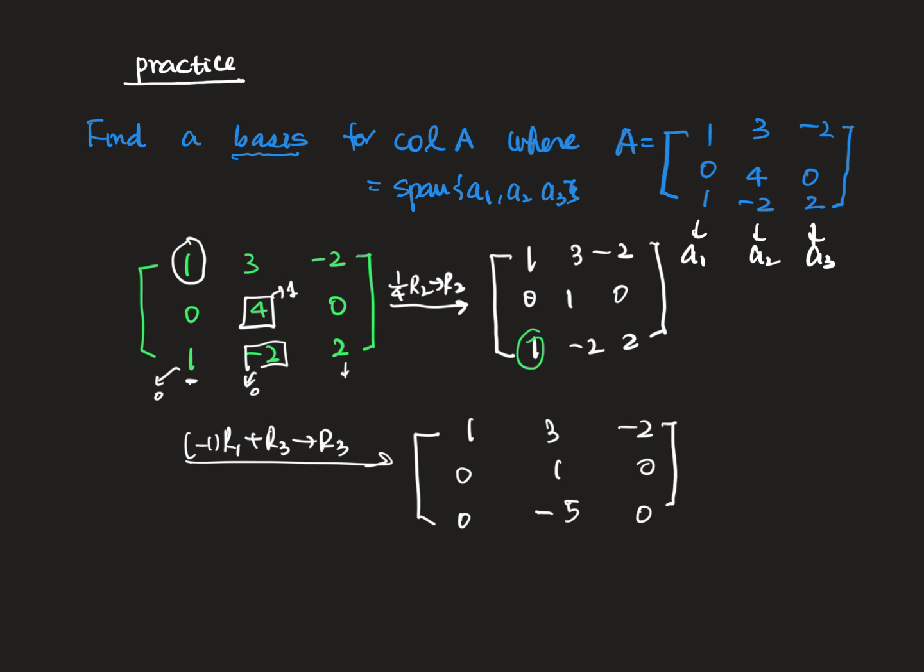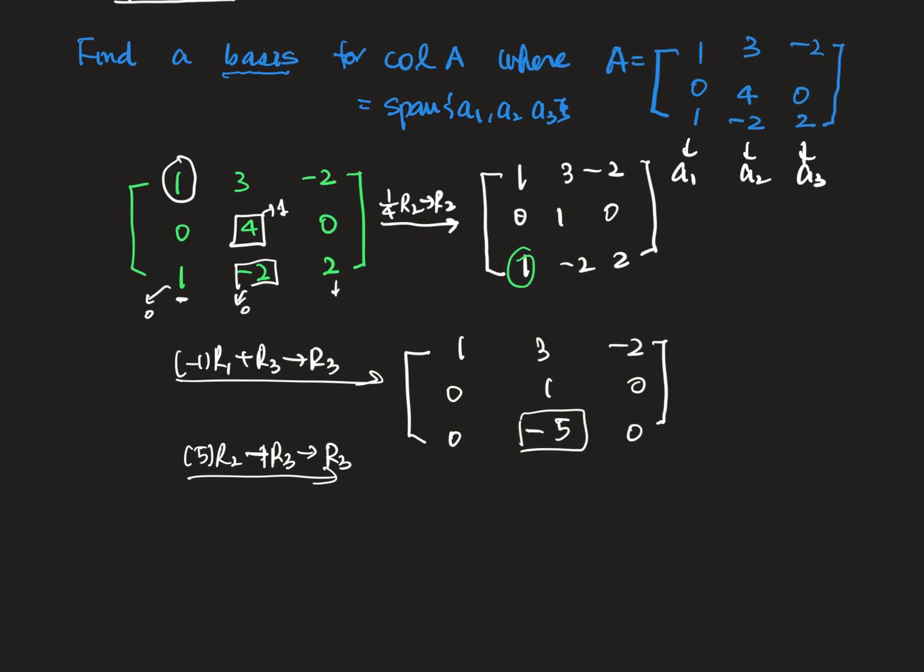Now this entry should be 0, so 5 R2 plus R3 goes to R3. So you have 1, 3, negative 2, then 0, 1, 0, and 0, 0, 0.